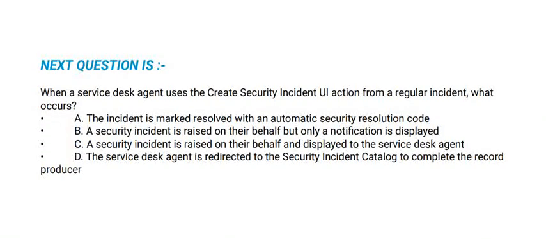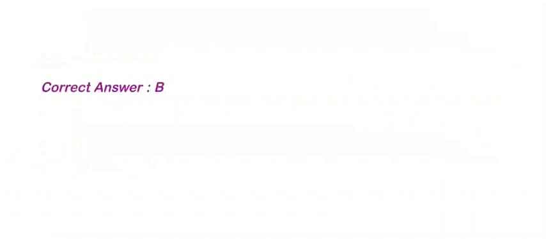Option B, a security incident is raised on their behalf but only a notification is displayed. Option C, a security incident is raised on their behalf and displayed on the service desk agent. And option D, the service desk agent is redirected to the security incident catalog to complete the record producer. The correct option is option B.